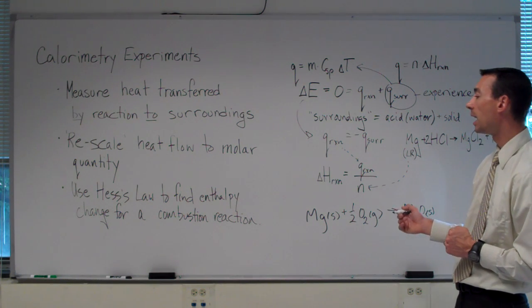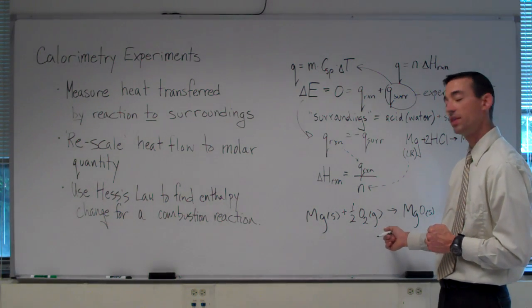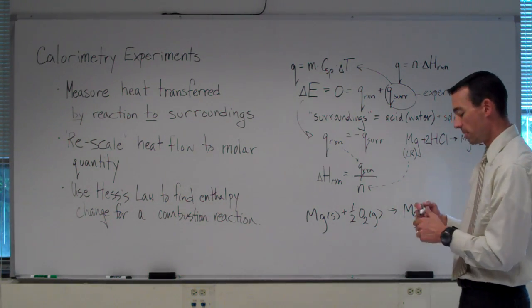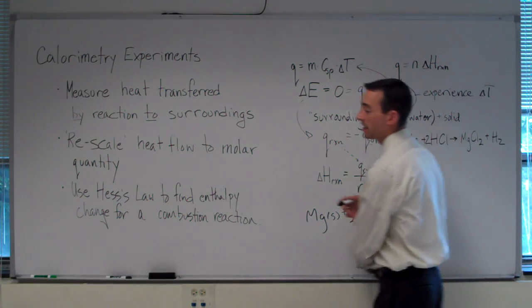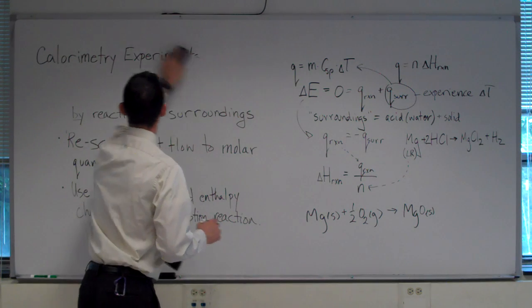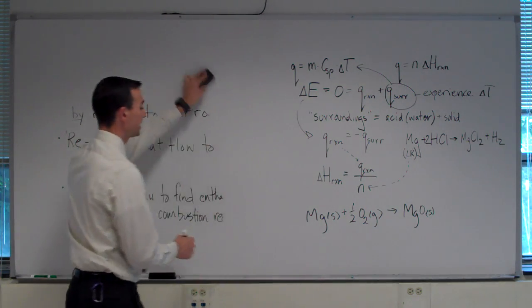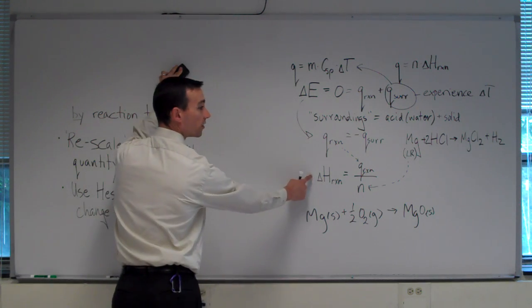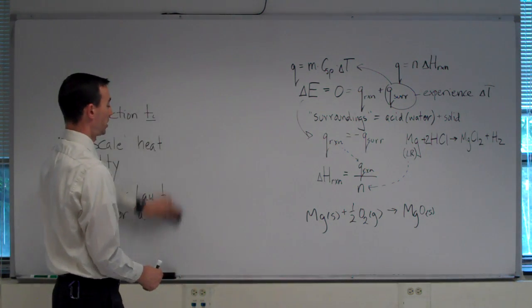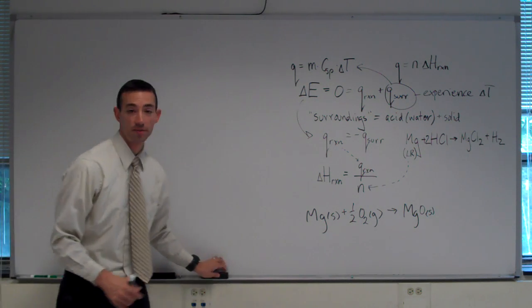All right? So we're going to use Hess's law to come up with this energy. And remember, Hess's law tells us that if we can add together a group of reactions to give us our target reaction, then we can simply add together the respective enthalpy changes to give us the enthalpy change of the target reaction.